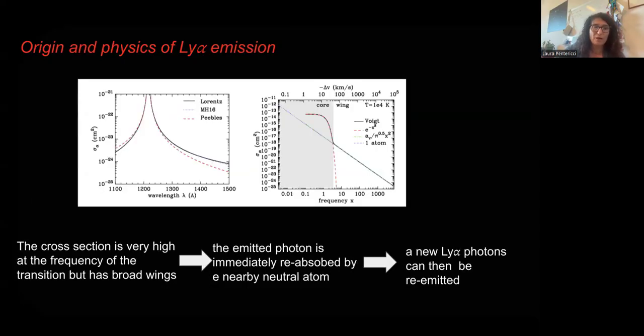The cross-section of Lyman alpha is very high at the frequency of the transition. So when the Lyman alpha photon is emitted, it is immediately reabsorbed by a nearby neutral atom, and then another Lyman alpha photon can be re-emitted. But the cross section has these broad wings, where it goes very low.